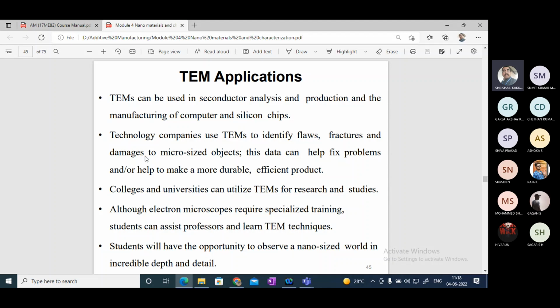We can see the dispersed particles, whether they are uniformly distributed or not. We can visualize them, so that we can even change the manufacturing process also. So this is one of the uses of the TEM microscope.